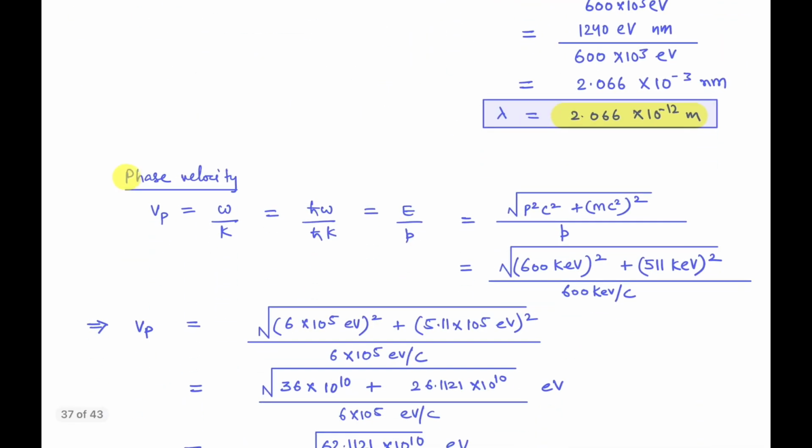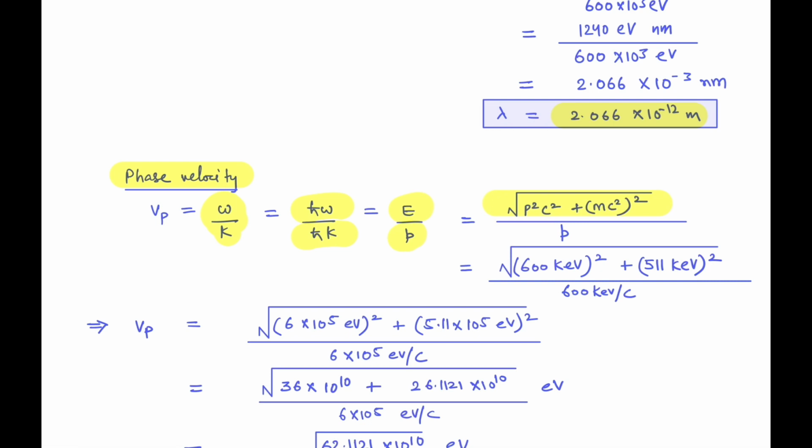For phase velocity, the expression is omega by k, and when you multiply omega by k with h bar in both numerator and denominator, you actually get E by p. Now you have the expression for energy in relativistic form, that is under root of p square c square plus mc square whole square.